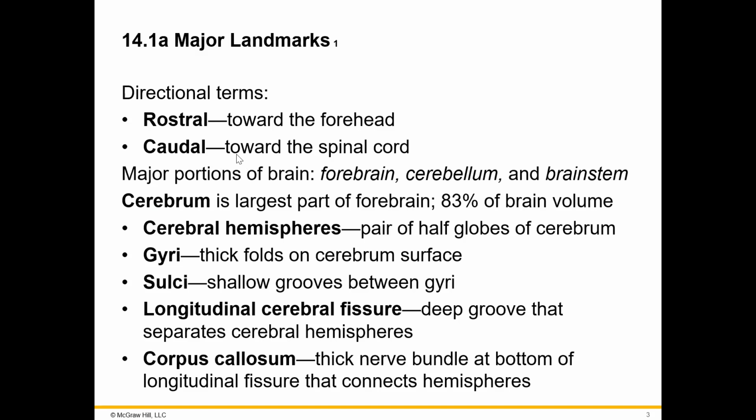Caudal is toward the spinal cord. So there are major portions of the brain: the forebrain, the cerebellum, and the brain stem. These are the major portions of the brain.